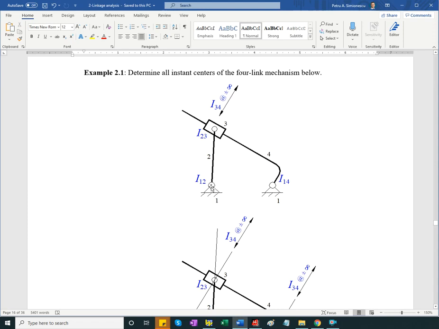Instant center between ground and link 2, between ground and link 4, between 2 and 3, and then at infinity, perpendicular to the line of sliding, we have the instant center between 3 and 4. This is an elbow rather than a sharp corner on purpose, because in the past I had students considering, for no clear reason to me, that corner as an instant center. It is not.